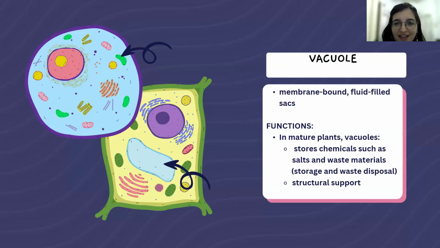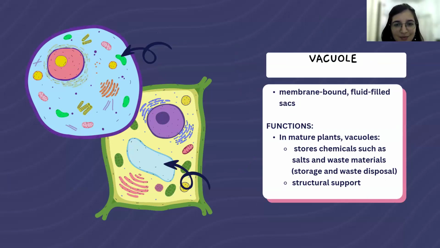Next, we have vacuoles. So vacuoles are basically fluid-filled sacs. So they're like little sacs filled with fluid. Again, both animal and plant cells have it, but the difference is that in animal cells, it's very small. Yeah, you see, and sometimes in animal cells, we call it vesicles.